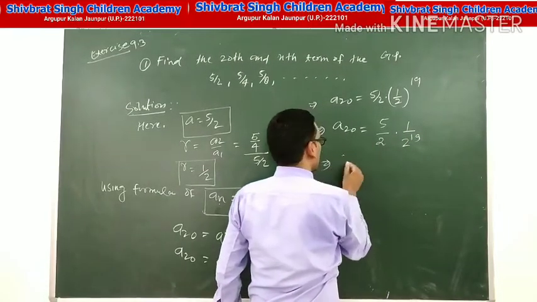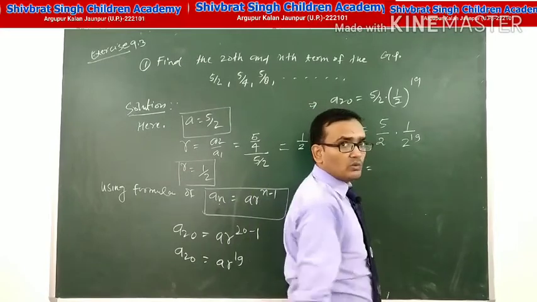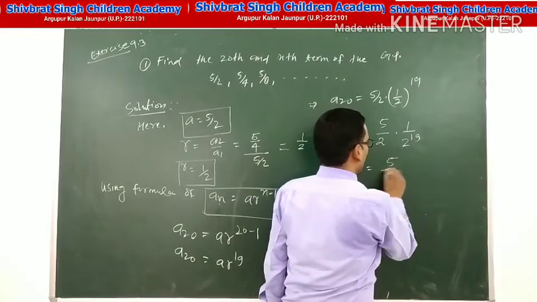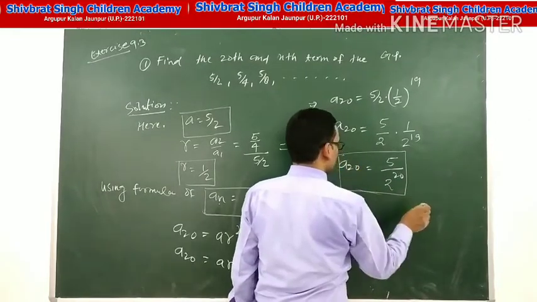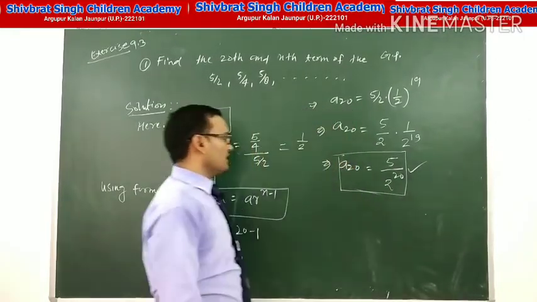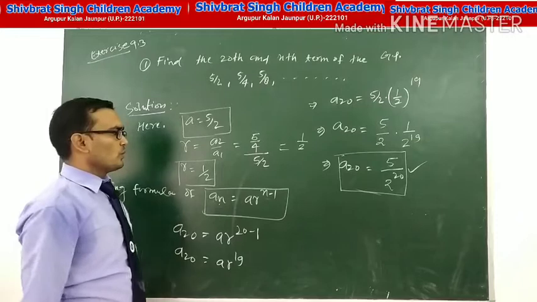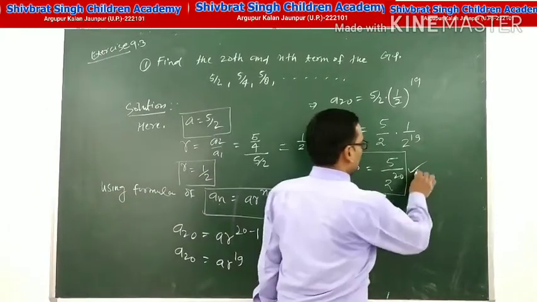This implies a20 equals 5 upon 2 to the power 20. That means the 20th term of this GP is 5 upon 2 to the power 20.